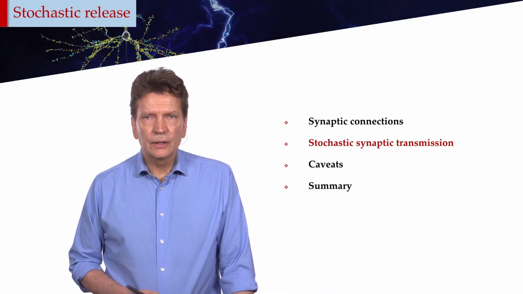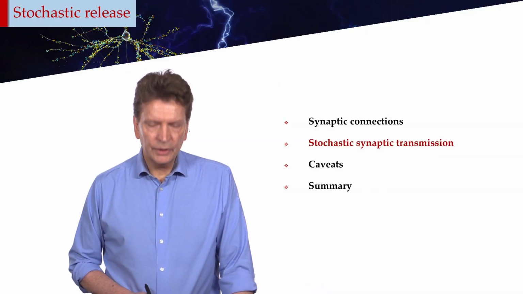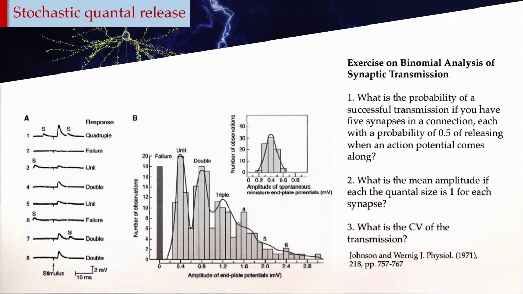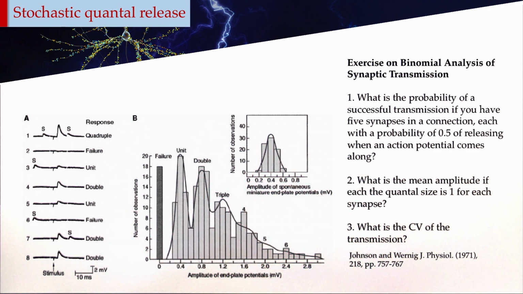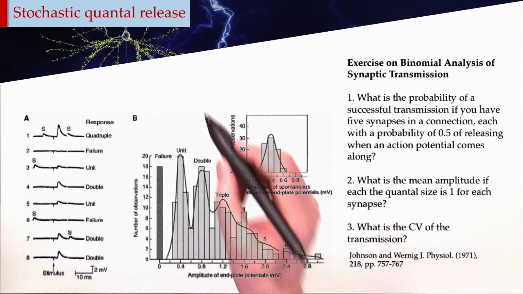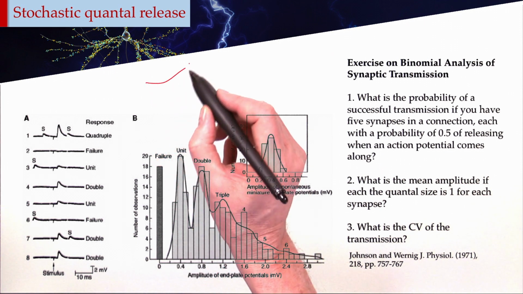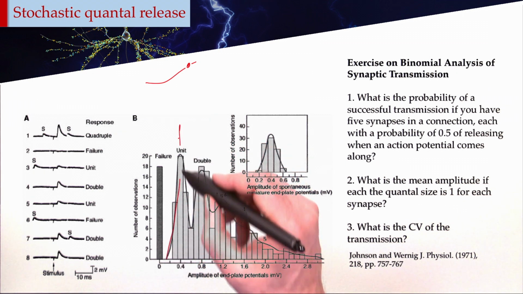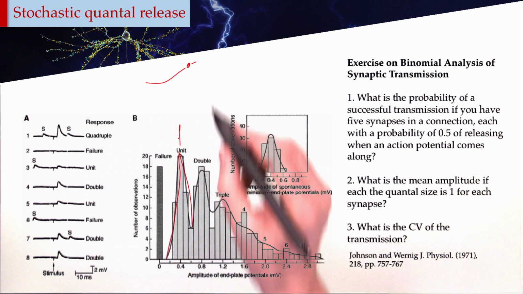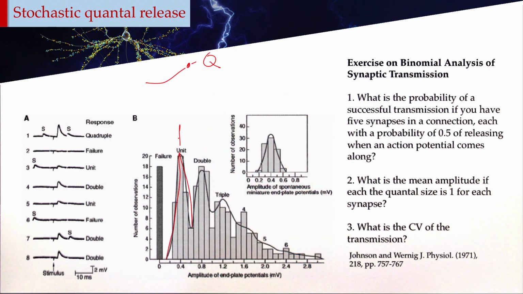Okay, let's briefly look at stochastic synaptic transmission. This is a very big field as well, and there are a lot of very interesting ways to analyze how synapses work. You use methods called quantal analysis, where, for example, if only one vesicle or one synapse fired, you would see this sort of response, and that would be called the quantal size.